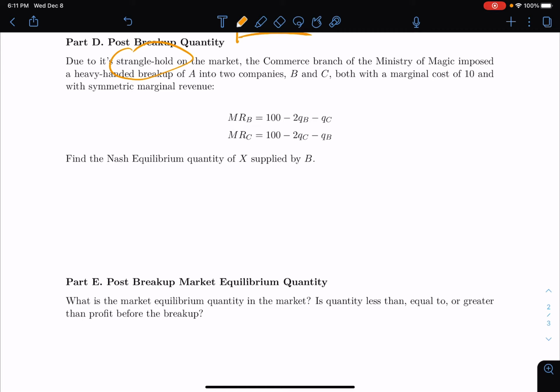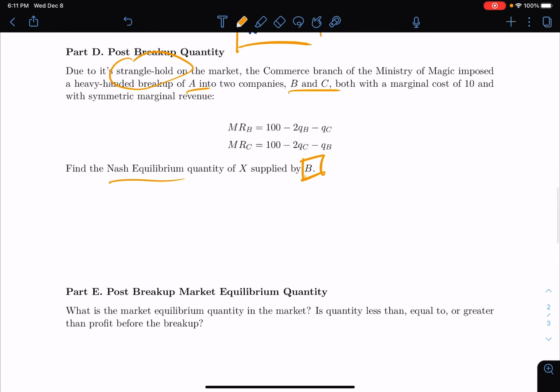So we're asked to find the Nash equilibrium quantity of A supplied by B. So we've broken A into two companies, B and C, and we're asked to solve this just for B. So the first thing to realize is that this is symmetric.